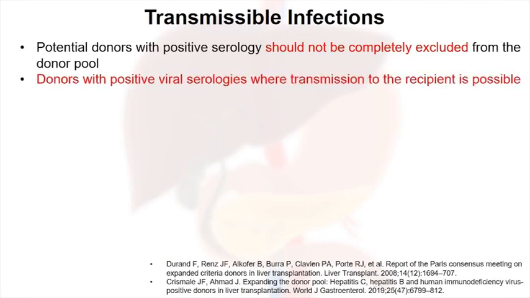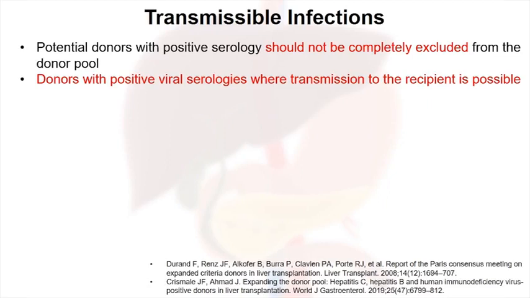Another consideration is donors who have positive viral serology. Potential donors with positive viral serology should not be completely excluded, and they should be considered for those who are already infected with the said agent or where the recipient is very, very critical.